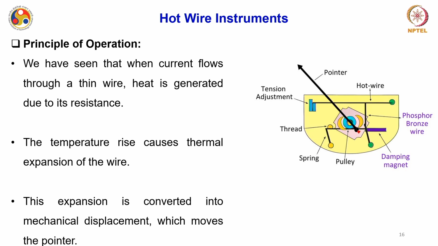Okay, then this mechanical displacement can be responsible for the movement of the pointer. All right. So what we are doing is trying to sense the current indirectly. First, heat is generated in the wire, and because of that there is a certain expansion. So it is a kind of indirect way of measurement, but of course we are seeing the deflection directly on the pointer.